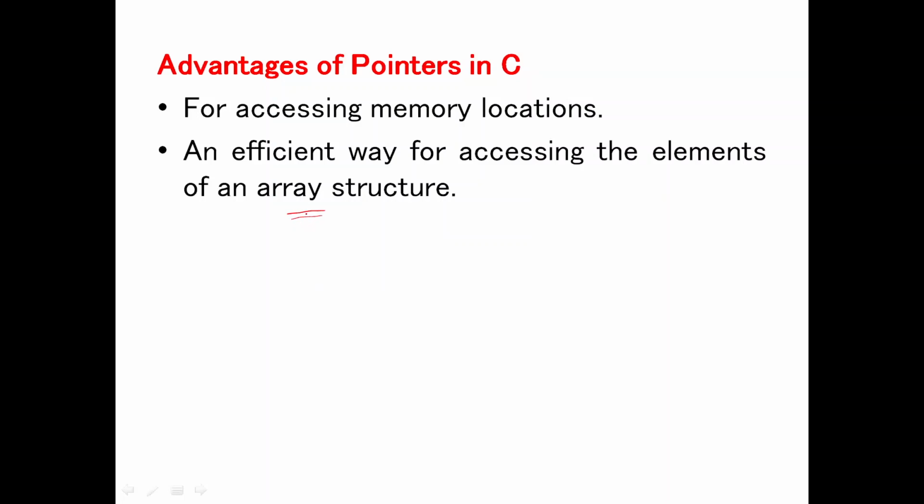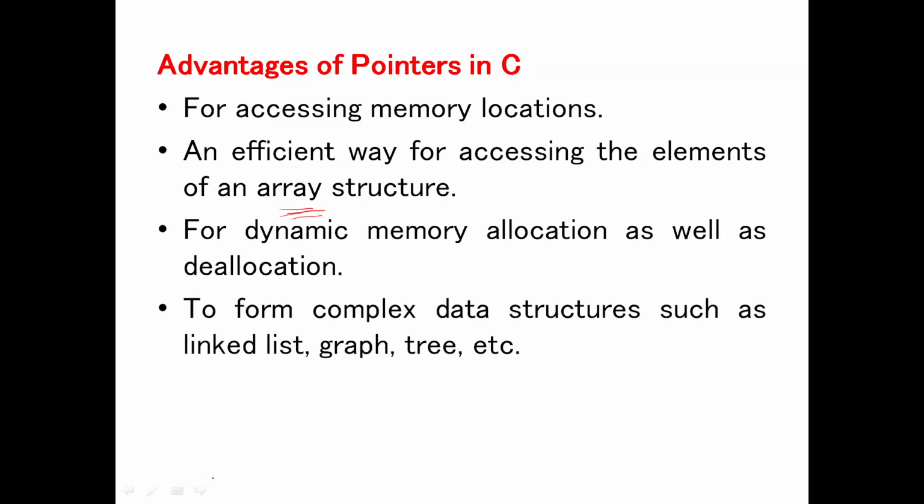We will see in later lectures how to access the elements inside the array, and also we can use this with other data structures like trees, graphs and linked lists. Also, the pointer is helpful in creating dynamic memory. So instead of creating a static memory, we are able to allocate memory that will grow or shrink by using this pointer. Dynamic memory allocation is possible only because of this pointer concept in C.